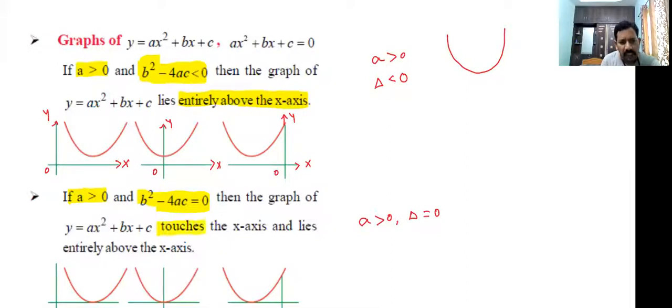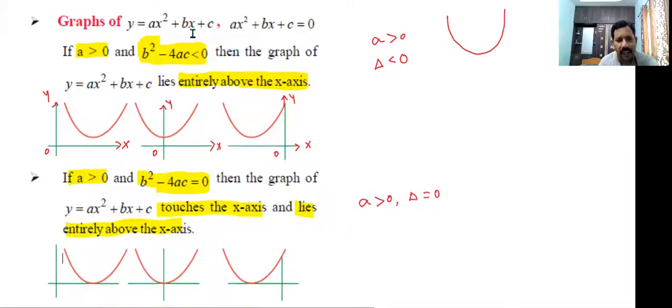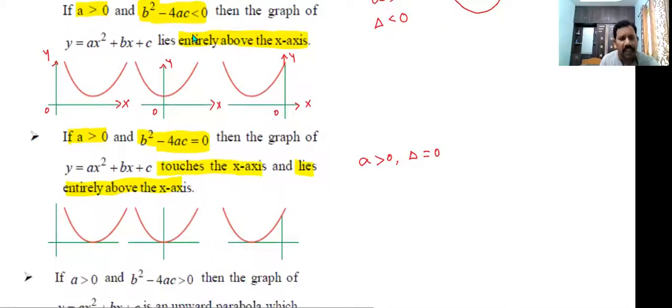The curve touches the x-axis and lies entirely above the x-axis. See the diagrams here. There are three diagrams. Follow any one, no problem. Delta is equal to 0, a greater than 0. The curve touches the x-axis and lies entirely above the x-axis.